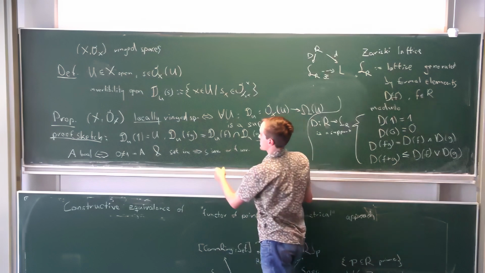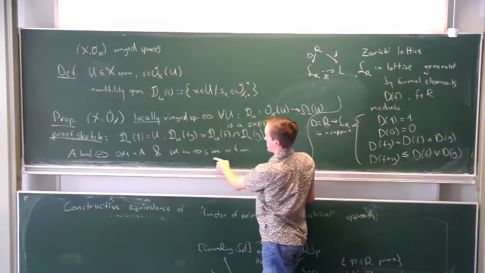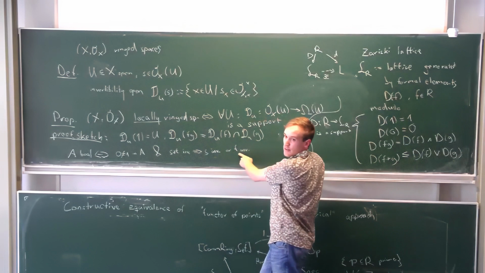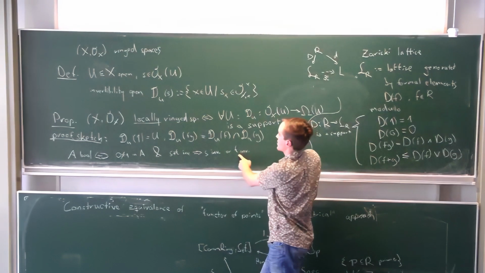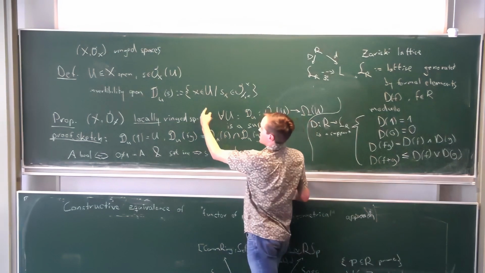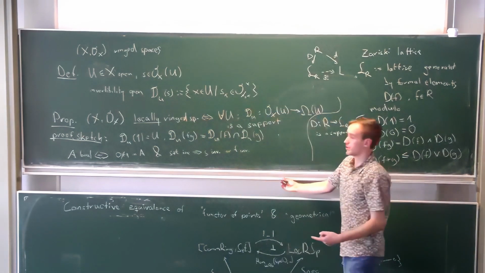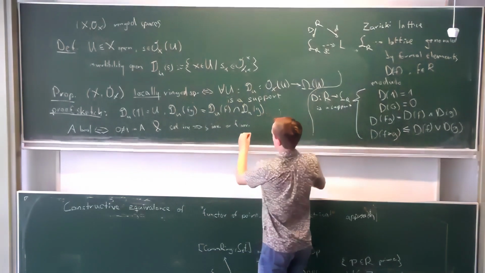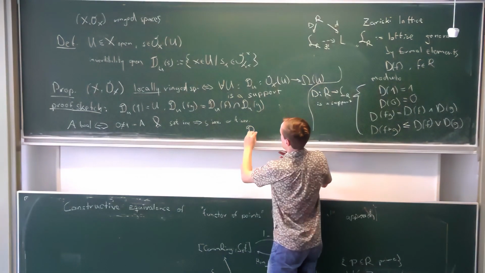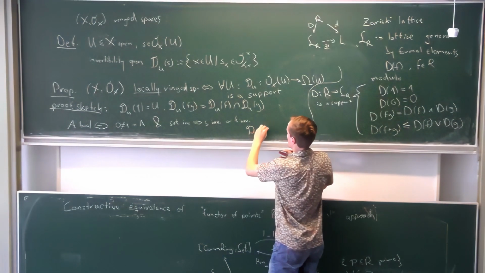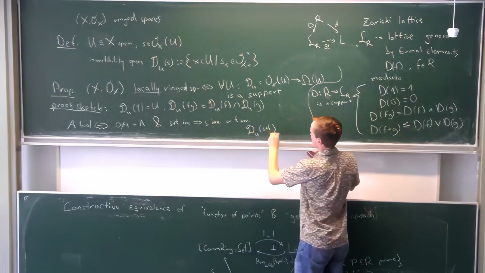So either S at that stalk or T at that stalk is invertible. That means that point x had to be already either in D of S or D of T, because we define our D pointwise.